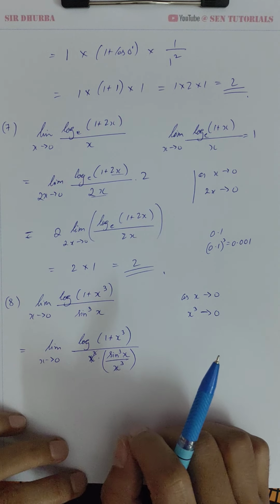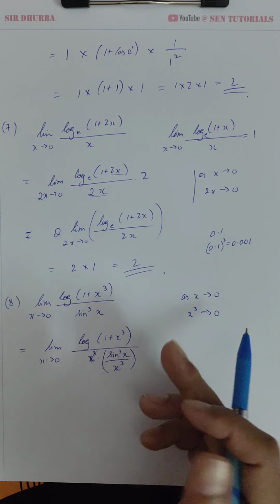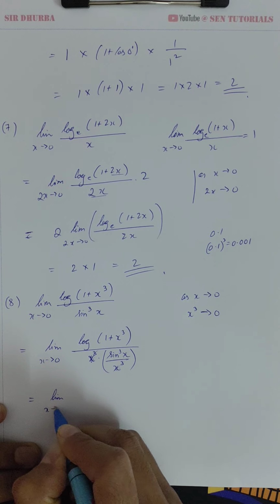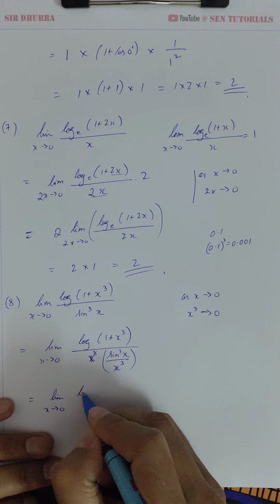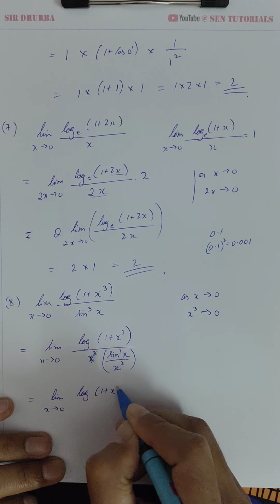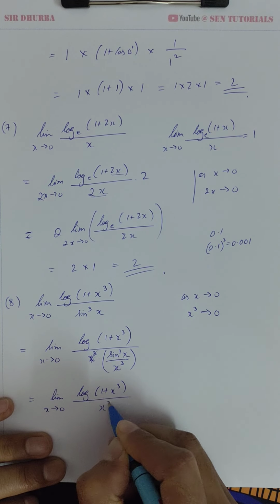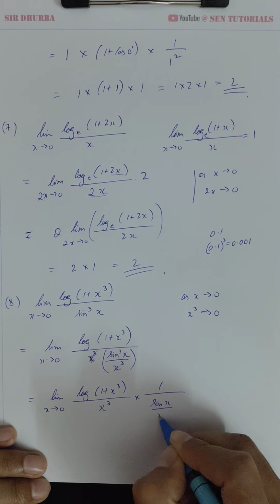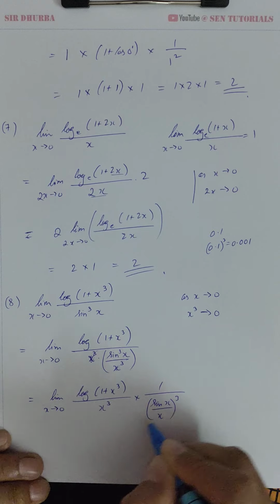But once you do that, you see it serves a lot of purpose, because now I arrange it: limit as x tends to 0 of log of 1 plus x cube, over sin x by x whole cube.